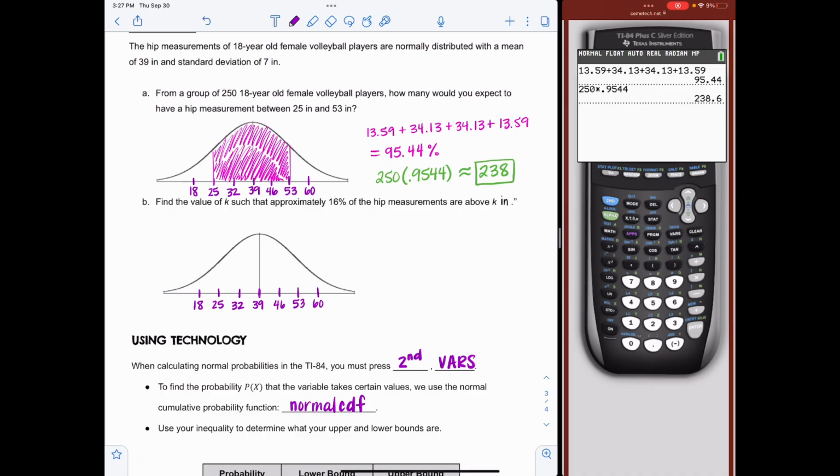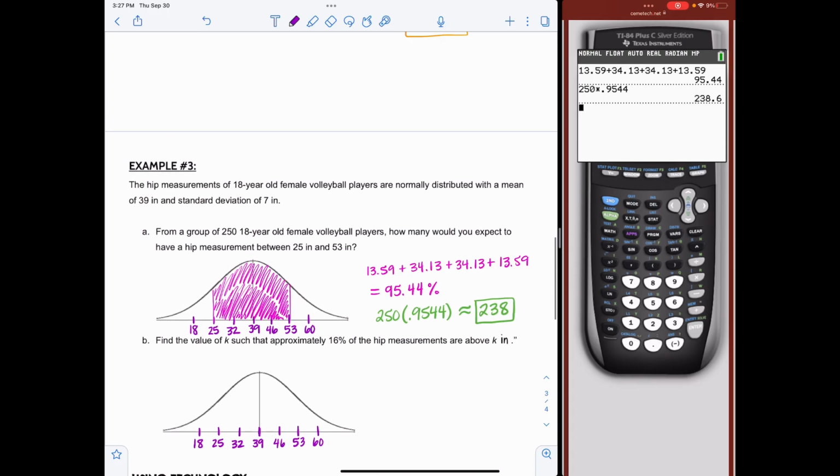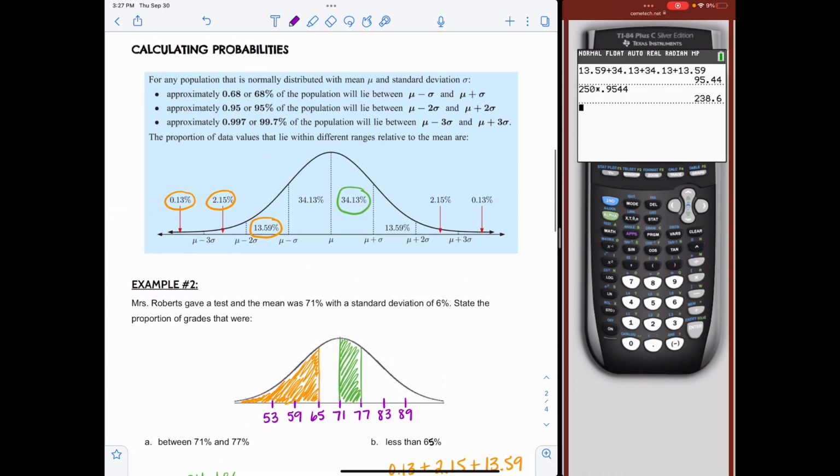All right. So they say they want 16% of the measurements to be above K. So if I go back up to my general form here, if I say above K, then that means I want that amount or greater. So I want to shade going to the right.